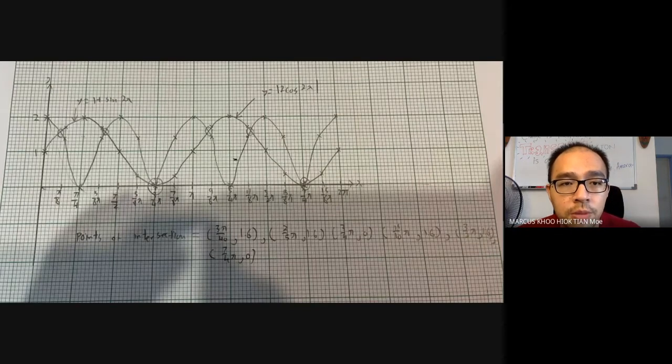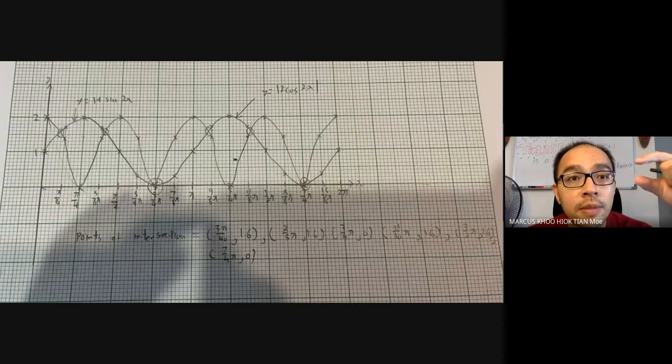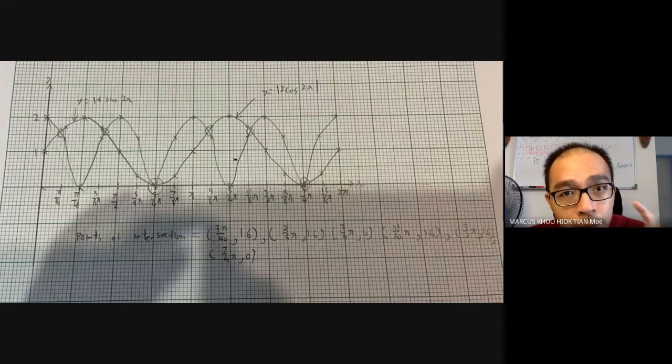And I assume that you do the rest. Thanks, Liu. So notice, guys, that the most important thing is the first thing that he said: you know that the scale is 2 cm to pi/4.